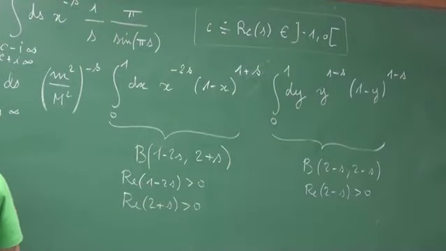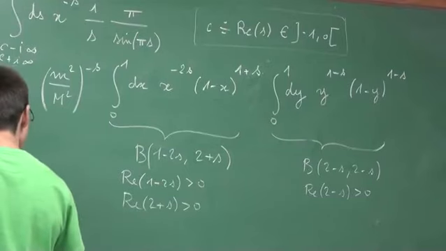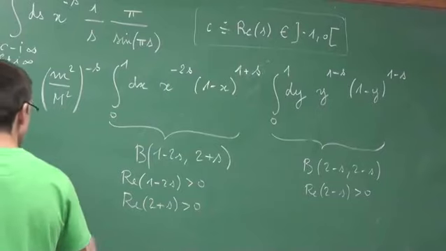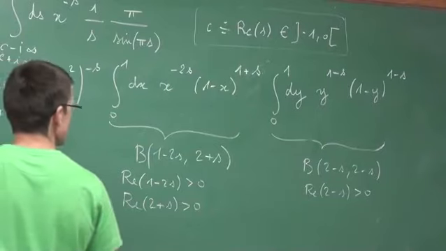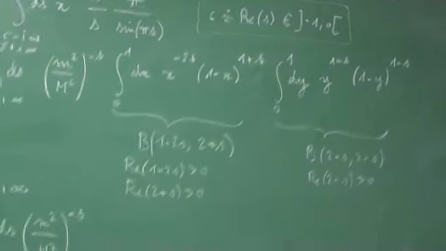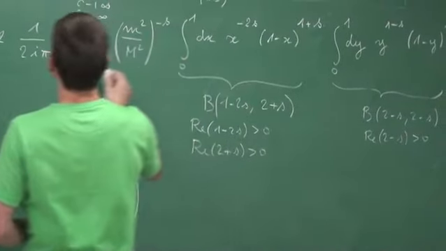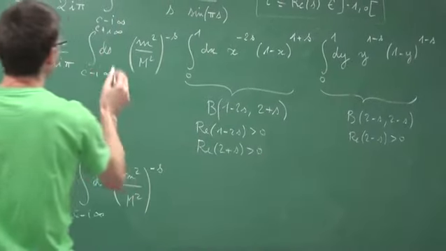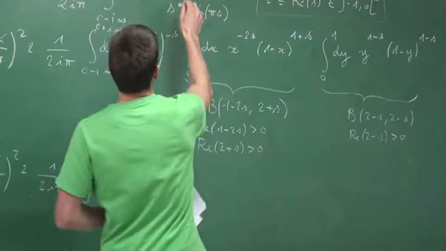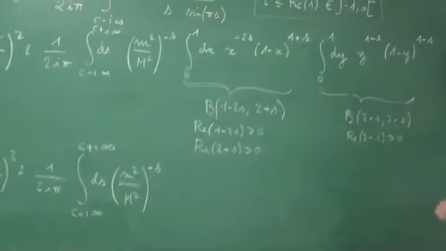So this gives the following integral: pi power minus s. I replace the beta functions by gamma functions. I do not forget that I have also, yes, I forgot to write it. This should be here, so I will add it at the end.